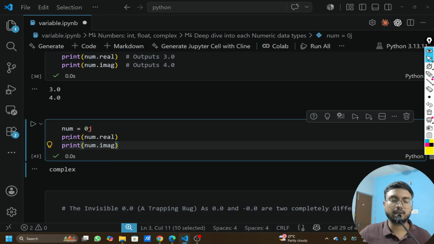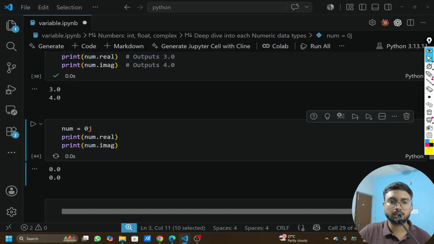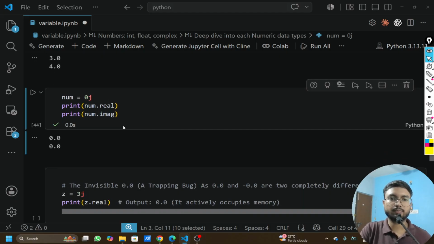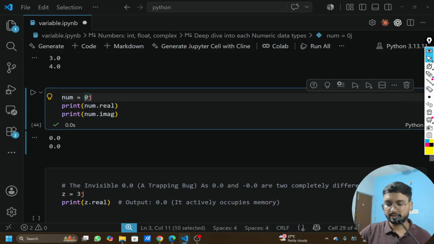Let's see what will come. I think for real it will be 0.0, for imaginary also 0.0. Yeah, so this is how you create a 0 complex number, and you can also create it like this as well. I think there is no problem in that.